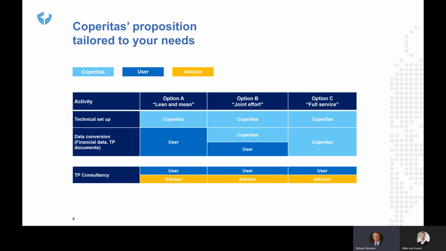Coperitas will cooperate with any existing advisor as we value maximum flexibility. However, if so requested by a client, Coperitas can also team up with Contour Global to also cover TP content. This can be attractive as Contour Global already is familiar with Coperitas as they have co-developed it and will be able to safeguard the storyline required while optimizing efficiencies.